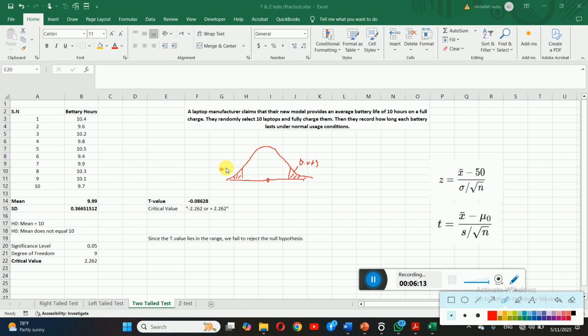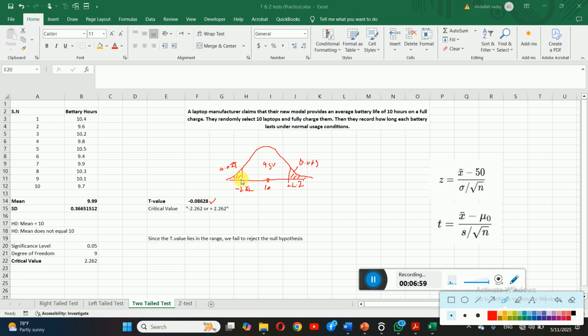This is also 0.025. So the central value here is 10, and the critical value at this point is minus 2.262, and in this critical region we have positive 2.262. So this value is in the range, the area of 95%. That's why we cannot reject the null hypothesis.